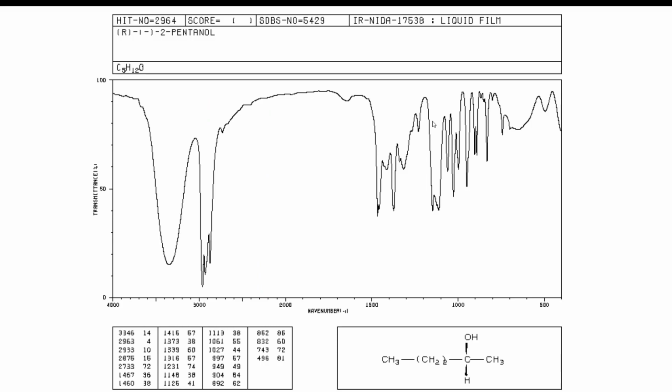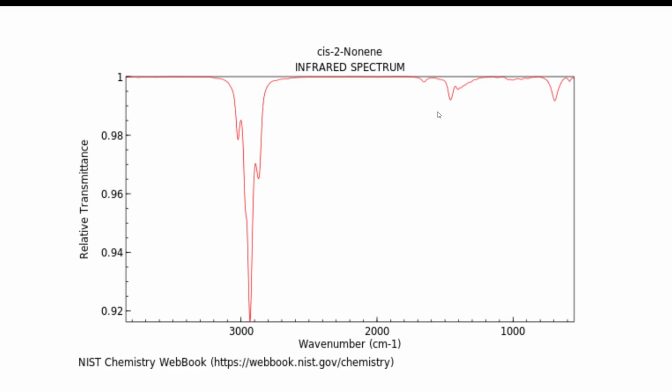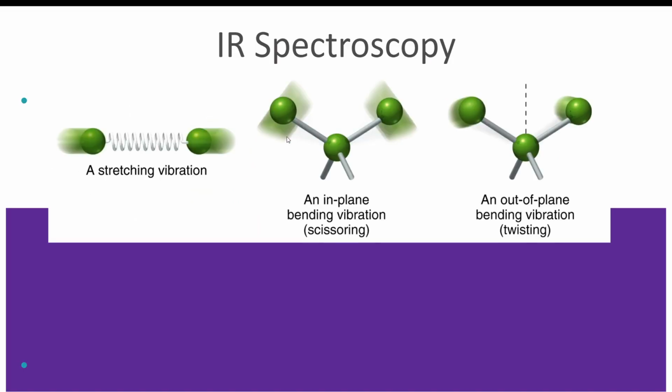However, in this class, we're not going to look at this area all too much. This area includes some stretching, but a lot more scissoring and vibration, and since it's easier for us to figure out the stretching, that's what we're going to be working with.